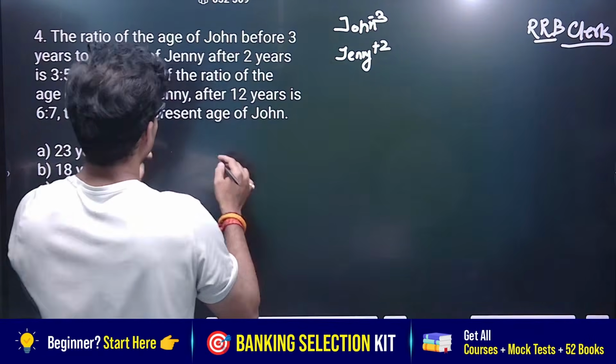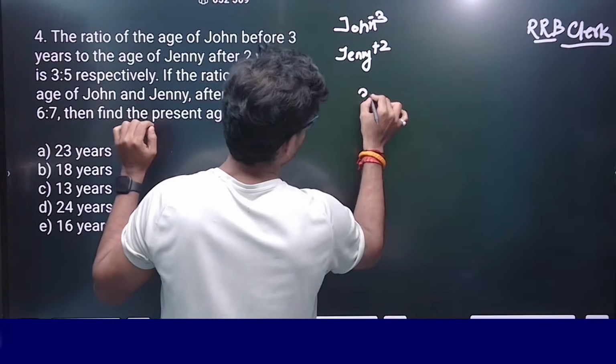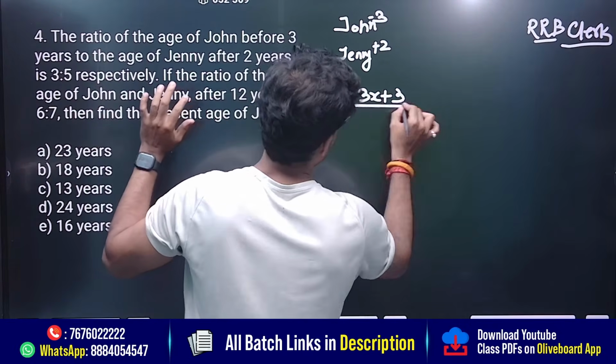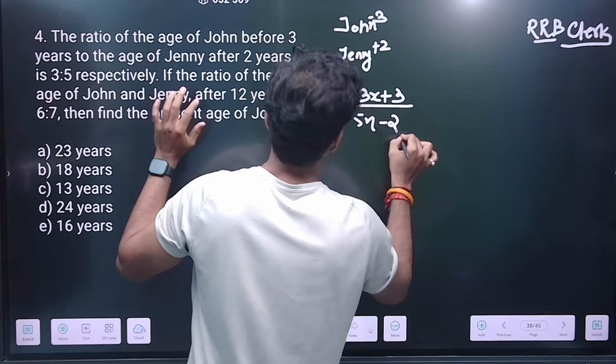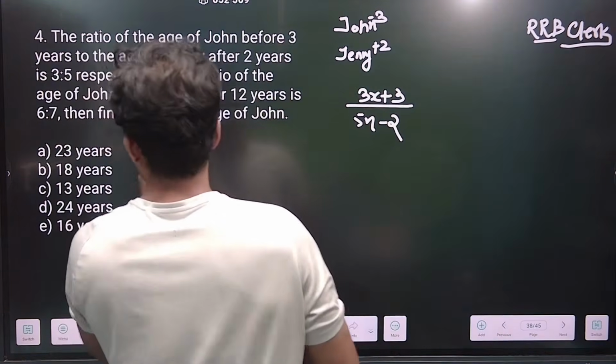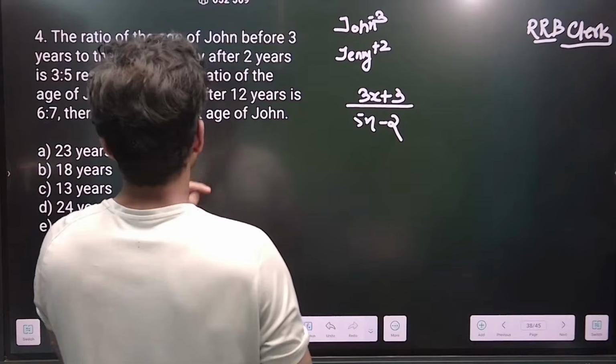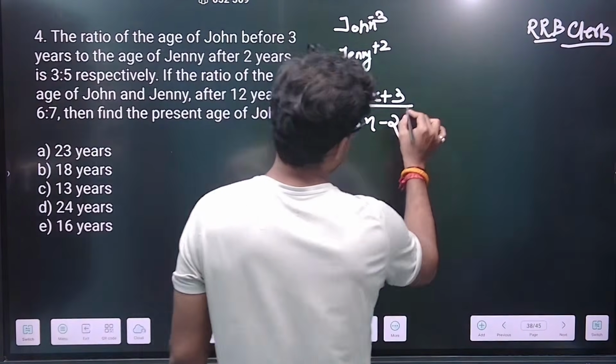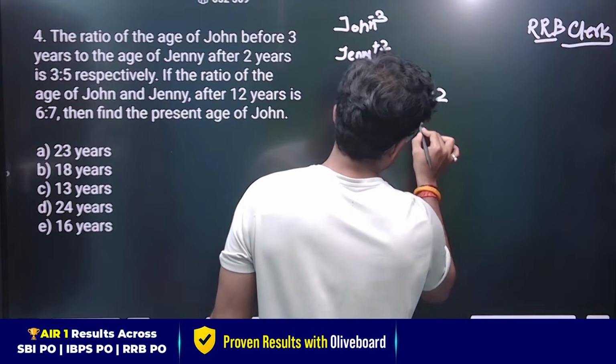Present would be the ratio 3x plus 3 divided by 5x minus 2. If the ratio of the age of John and Jenny after 12 years, you will add 12 to both cases, plus 12 here and plus 12 here.